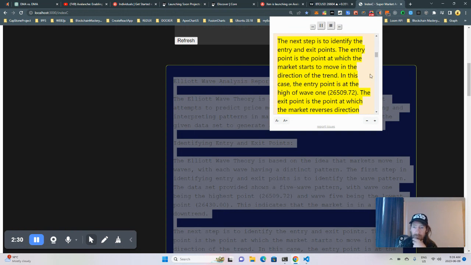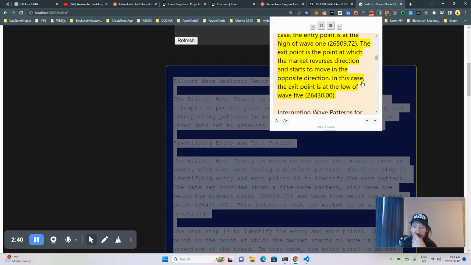In this case, the entry point is at the high of wave 1, 26,509.72. The exit point is the point at which the market reverses direction and starts to move in the opposite direction. In this case, the exit point is at the low of wave 5, 26,430.00.